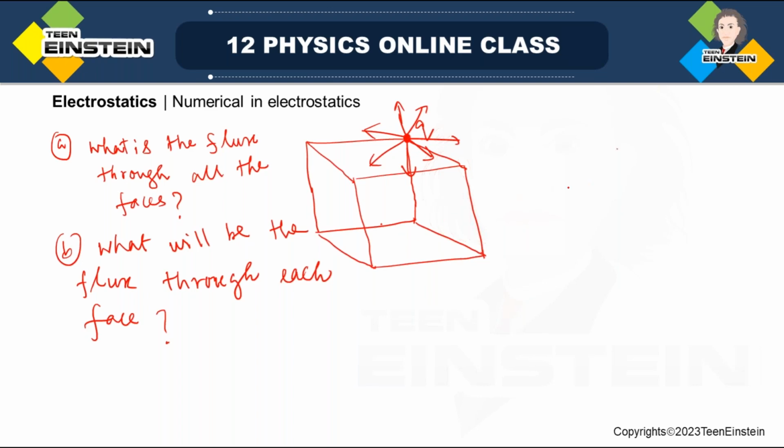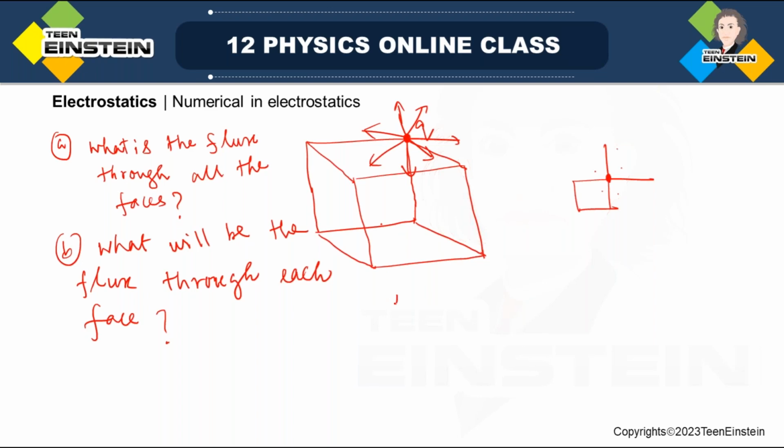In the sense I can say that this charge at the corner could be shared by 8 such cubes. So 4 on this side, another 4 on the upper side.